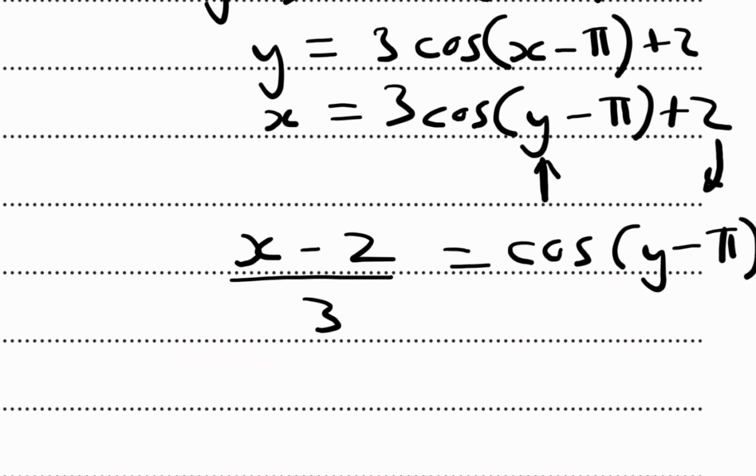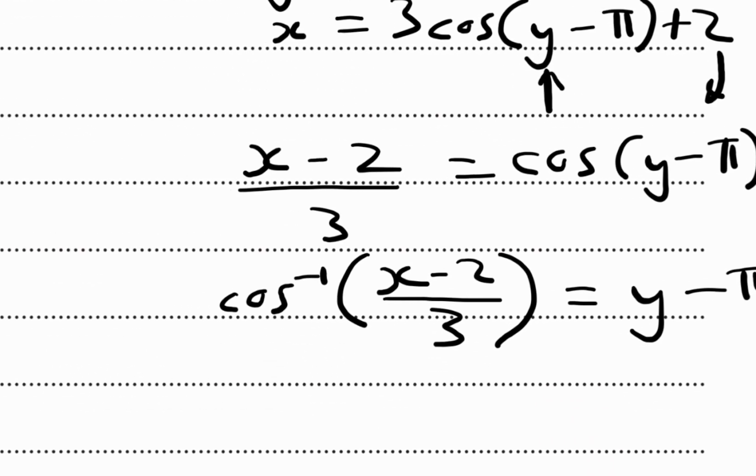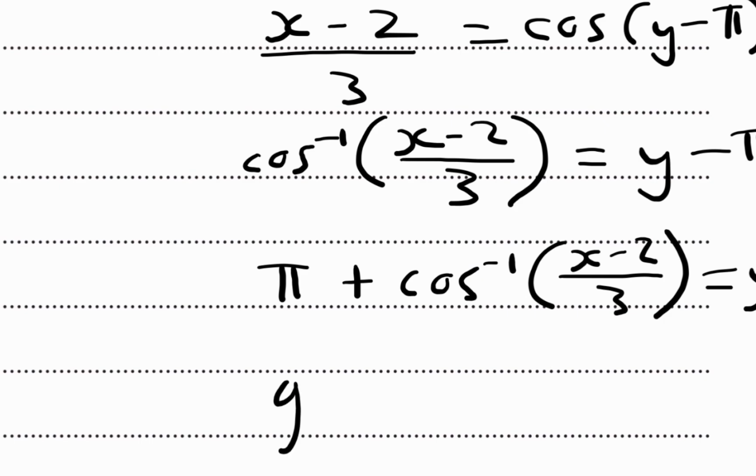Moving cos to the other side, it's cos inverse, like dividing by cos both sides. X minus 2 over 3 equals to y minus pi. And moving pi to the other side, it's now pi plus the cos inverse of x minus 2 over 3 is equal to y. And this will be our inverse of g of x.